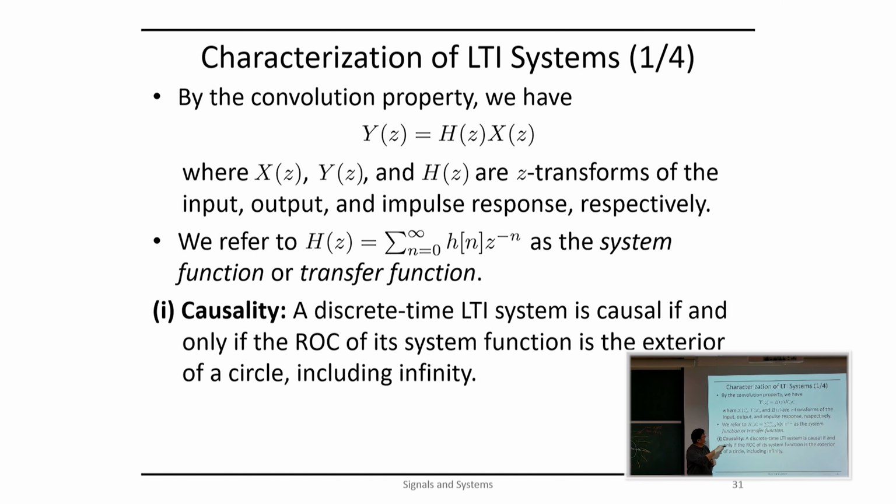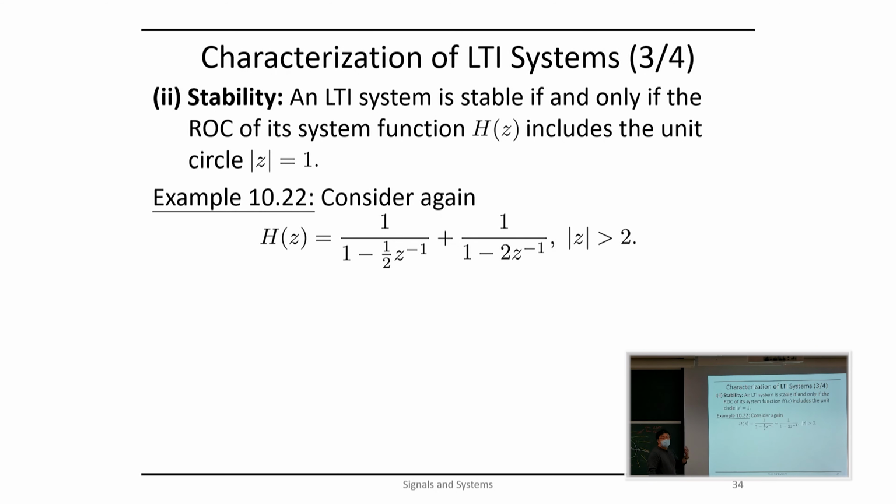Other than using it to find the input and output relation, what's more interesting is that by observing the Z transform of the impulse response, which we call either the system function or the transfer function, we can observe if the system is causal or non-causal, and if the system is stable or unstable.